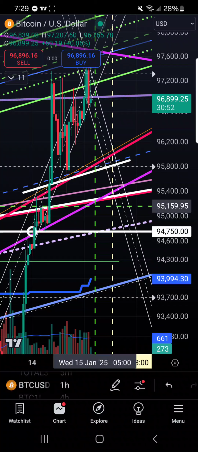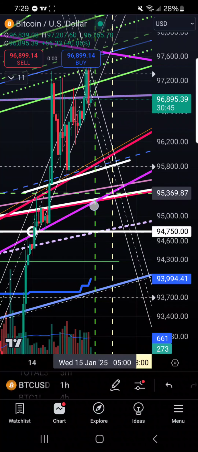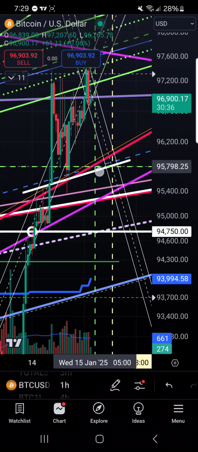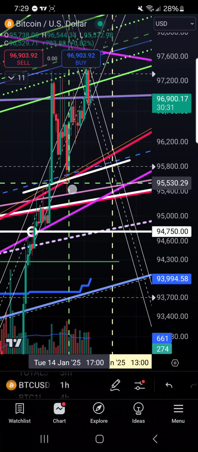October 10th, CPI data release, and November 4th, the day before the election. Those bottoms, the fuchsia colored line here connects the candle bodies on the daily time frame. The red line connects the wicks of those days.